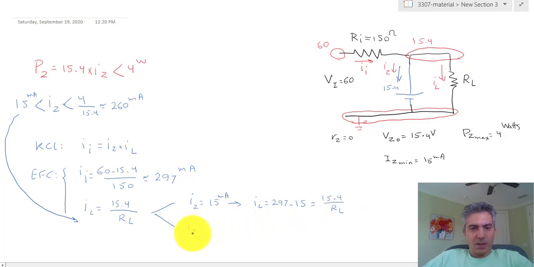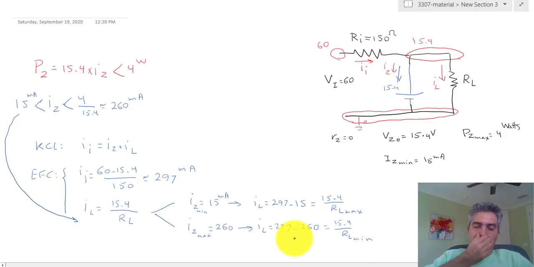And then the other time I can assume IZ max, which is 260, and again IL would be 297 minus 260, and I can calculate RL. This one from here is the largest value, so this would be RL max, and this would be RL min. So you can calculate the range of the resistances using these two equations.